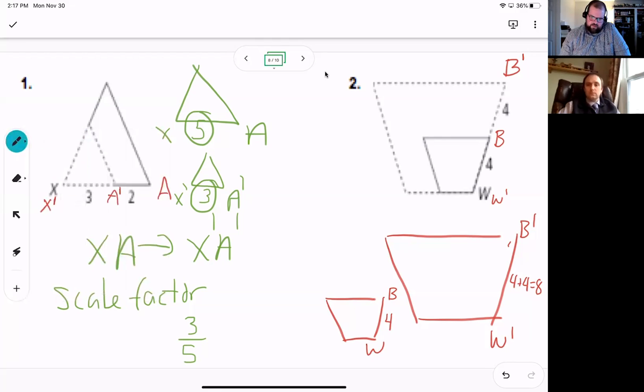So we've got 4 times some scale factor, we don't know what that is, equal to 8. We could solve this algebraically and say, okay, to get n by itself, we're going to divide both sides by 4, and we get a scale factor of 2. I wonder if that's going to bother the students that you put the divided by 4 under the n and not under the 4.